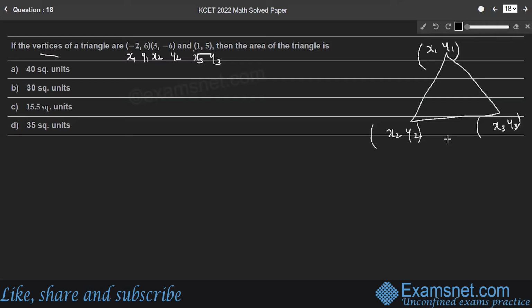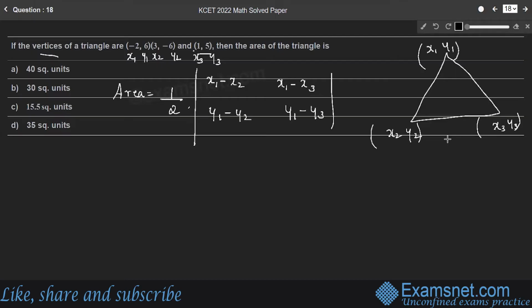Then its area is equal to half of the determinant, right? So x1 minus x2 will be the first element, then x1 minus x3. Then in the second row, we have y1 minus y2, y1 minus y3.